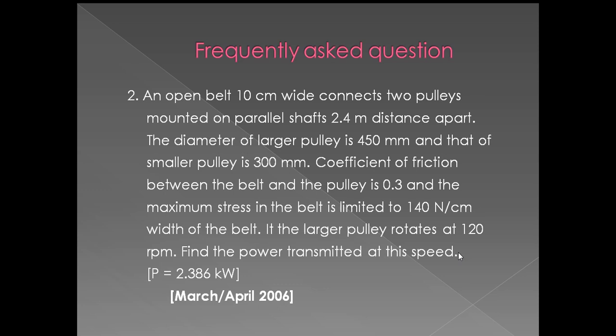T1 can be found out because the width of the belt is given and Ft is given. T1 equals sigma t, that is Ft, into t into b. So from that you can find T1.